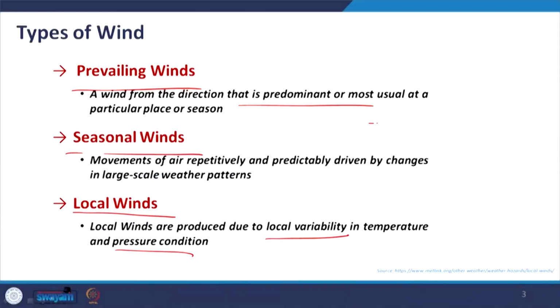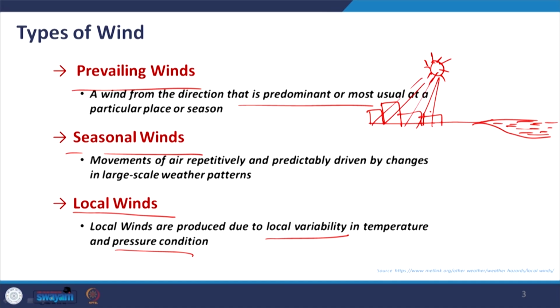See, you have a land, you have some buildings here, and then you have some water body. And it is considered a sunny day. So, definitely the heat from the sun will make these surfaces, building surfaces and the adjacent atmosphere very hot.